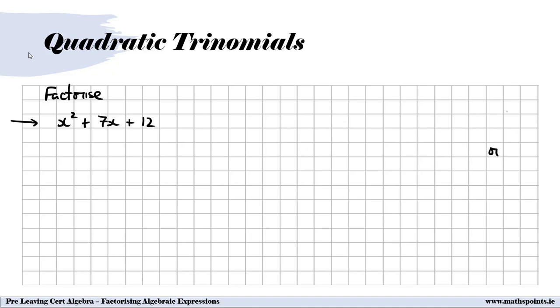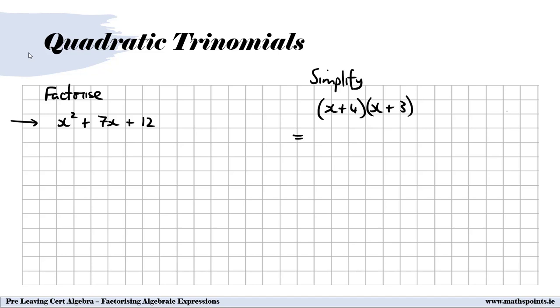So as before, let's see how we may have arrived at the x squared plus 7x plus 12 having started with 2 sets of brackets, x plus 4 times x plus 3, and given a question in an earlier video where I would have asked you to simplify x plus 4 on x plus 3. So how would we have done this?